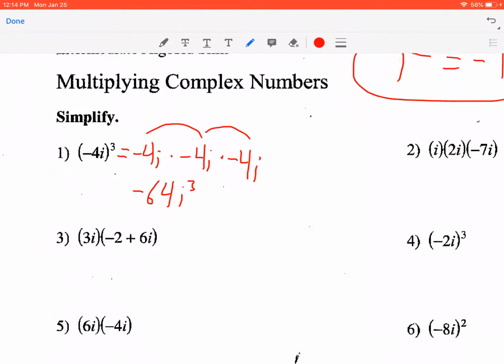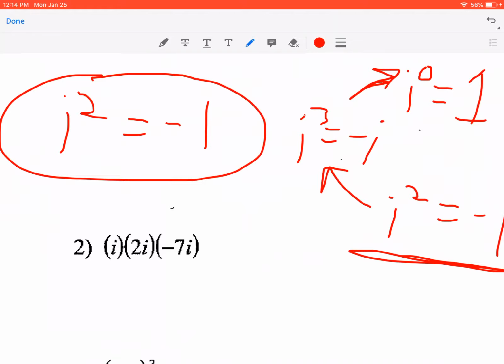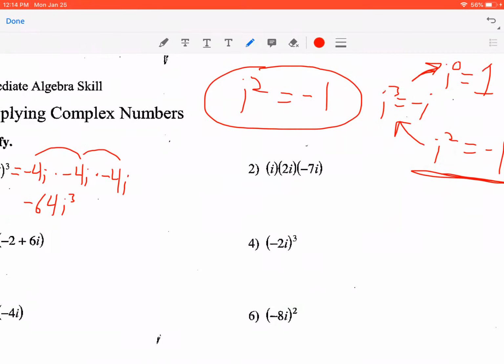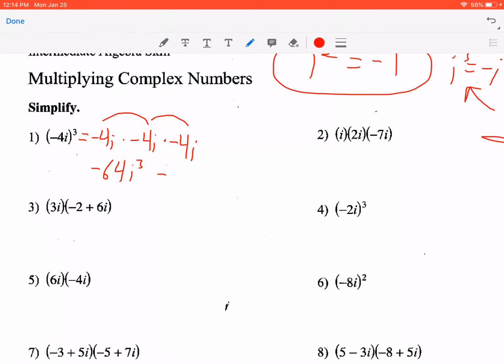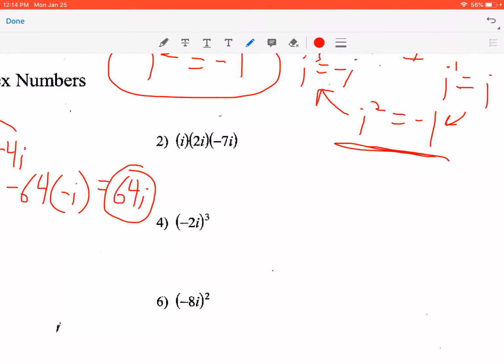Now you don't normally see i to the third that much, that's why we made the chart. But what did i to the third equal? -i. So you really have -64 times -i. What happens when you multiply two negatives? You get a positive, so the final answer should just be 64i. That's the best you can do.